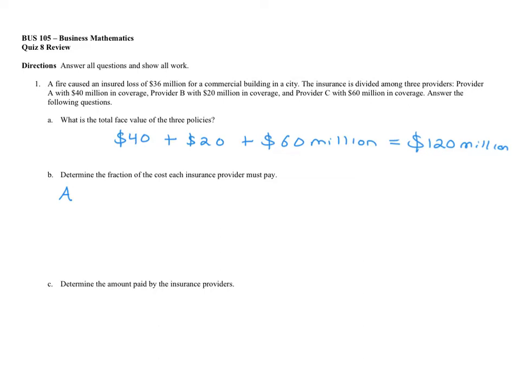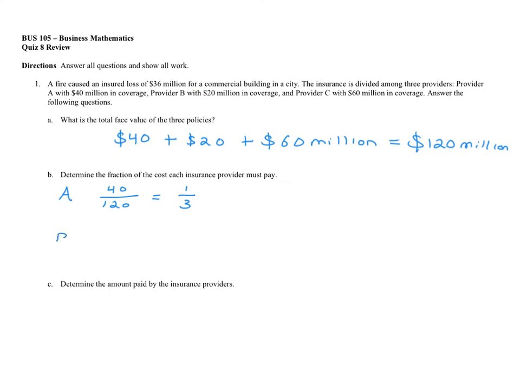So we take the 40 million, divide by the total face value of 120, and this is a repeating decimal. If you divide it in a calculator, it's 0.333 repeating, but that's the same thing as saying 1/3. 40 goes into 120 a total of 3 times. So that's the fraction of this amount that provider A must give.